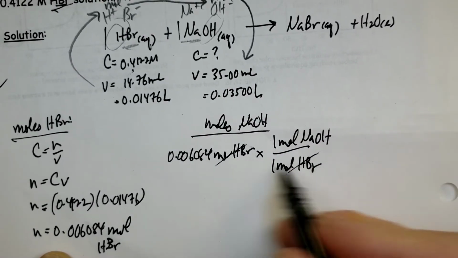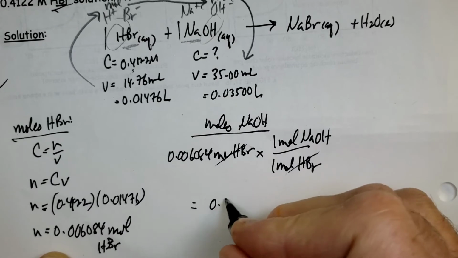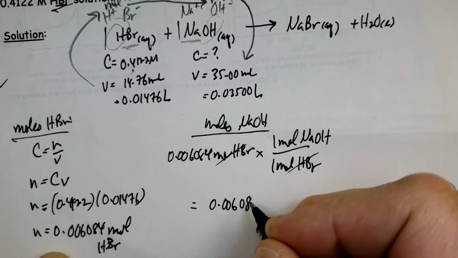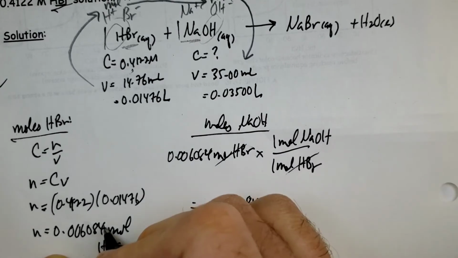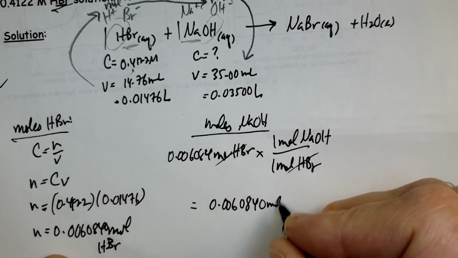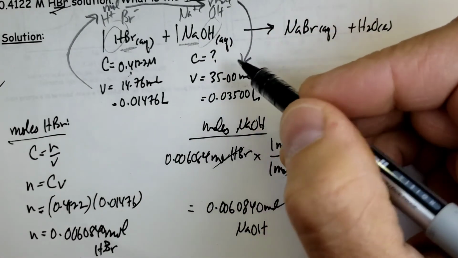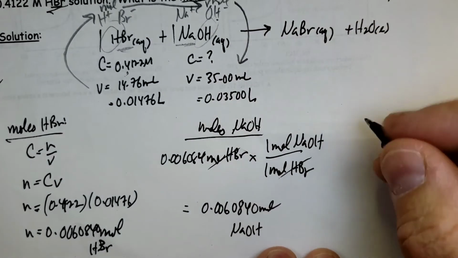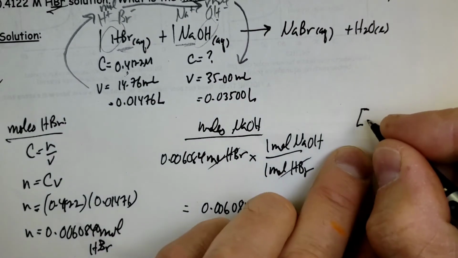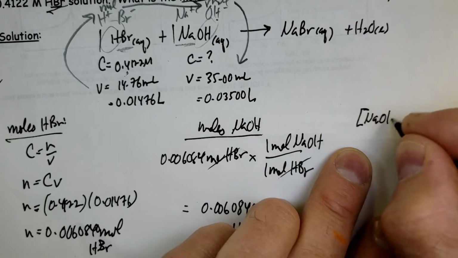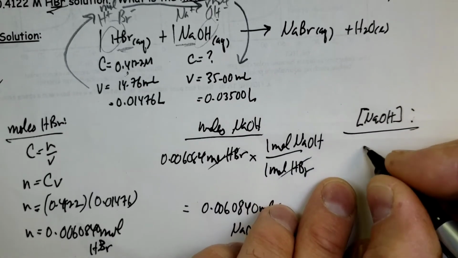So we know we're doing it right if we can cancel there, so we get 0.006084. I think there should be an extra 0 there. Moles NaOH. So now we know how many moles of NaOH we have, so we should be able to figure out the concentration of NaOH.